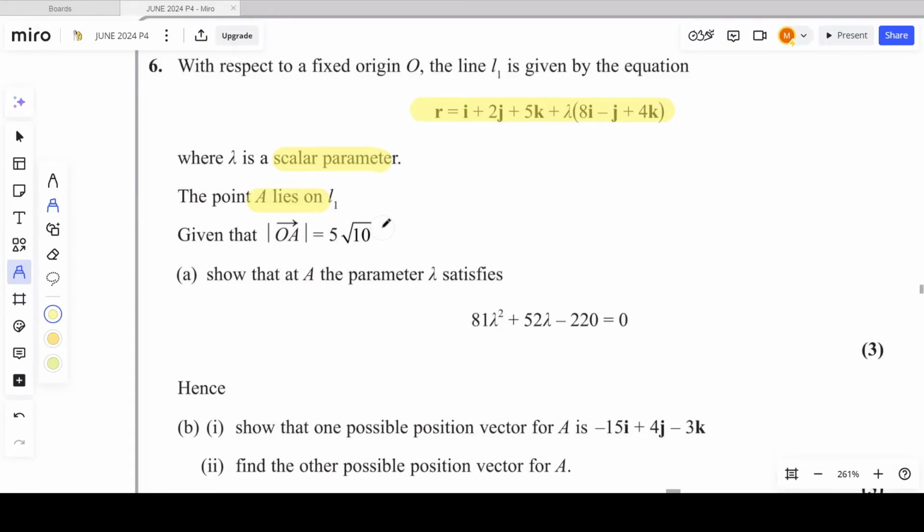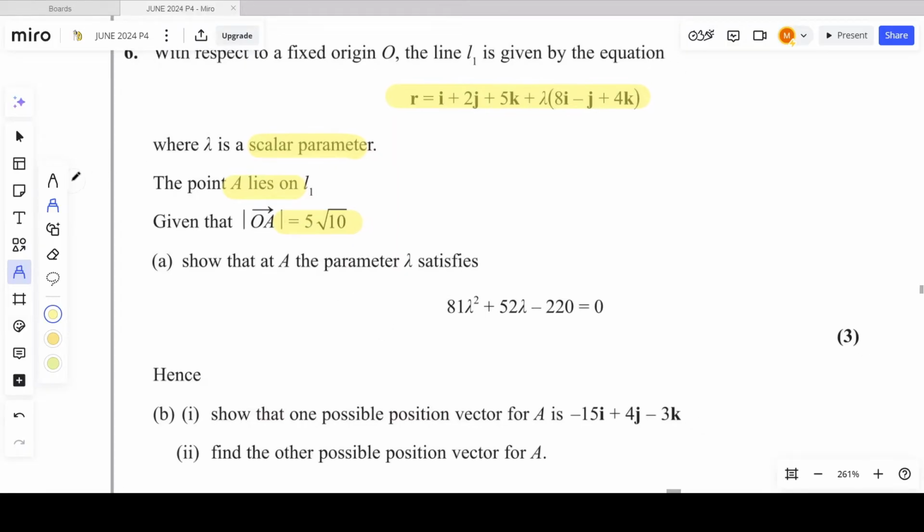Since point A lies on line L1, the coordinates of point A will follow the equation of line L1. Given that OA, the distance from the origin to point A, is 5 square root of 10.